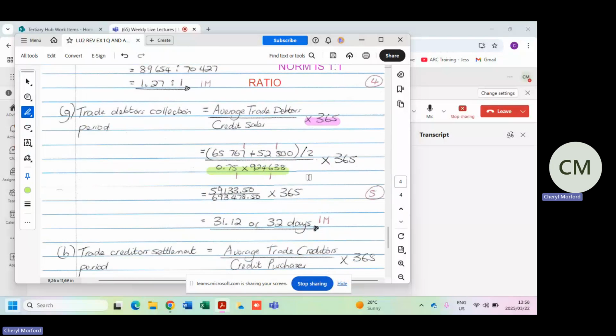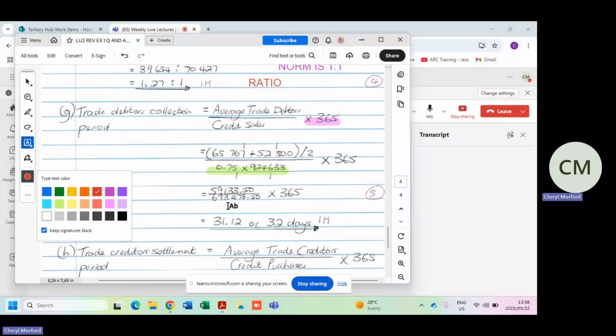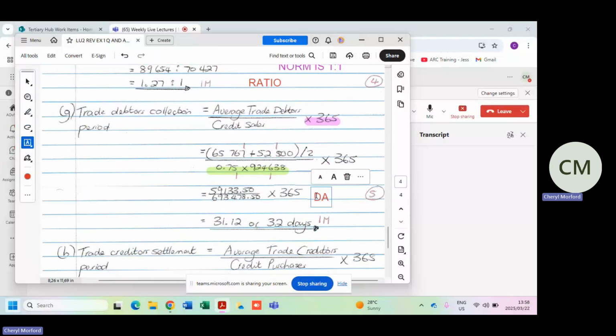Remembering that we did the averaging of the debtors at the top times the 365 gives me a certain number of days. So here you need to write down the answer that you see on your calculator, and then you can round it up to the nearest whole days. But the important thing is this. This one must be days.